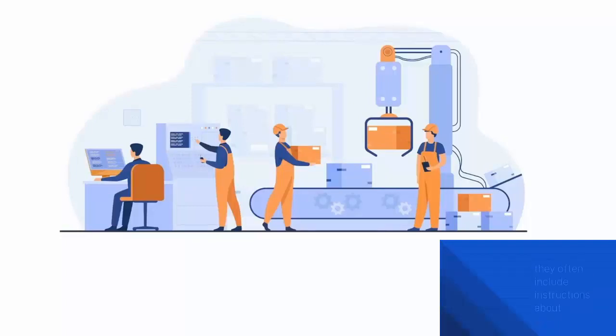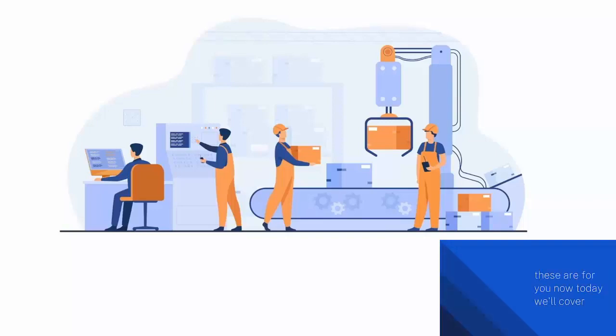They often include instructions about what to make, when those goods are needed, and how many components are required. MOs keep track of bill execution for each product order, so manufacturing teams stay on track towards their output goals. Again, Steve, these are for you now.